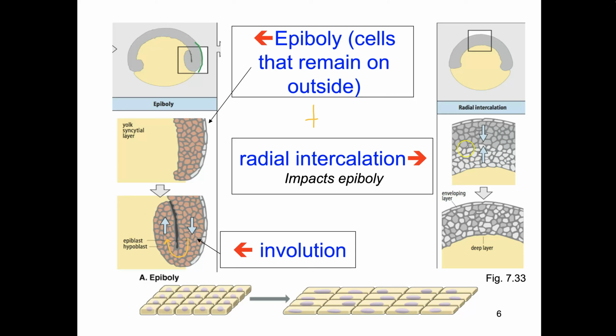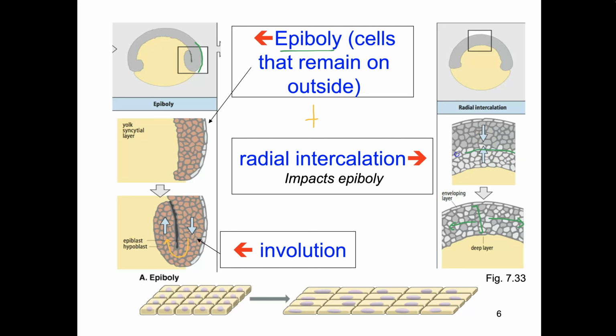But also in the region immediately underneath, there are different layers of cells mixing together, taking turns sorting themselves out, making a thinner but wider ring. Instead of that ball of cells at the top of the yolk narrowing down, it flattens out by both of these processes, epiboly and this intercalation.